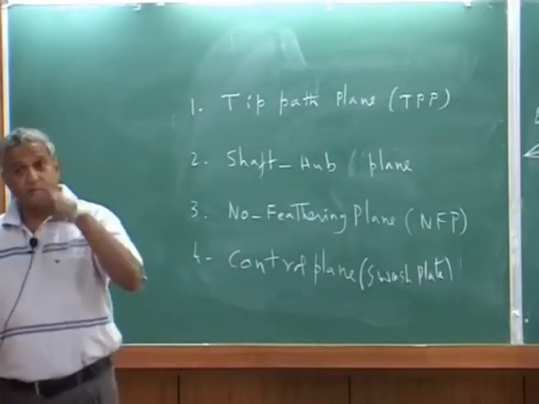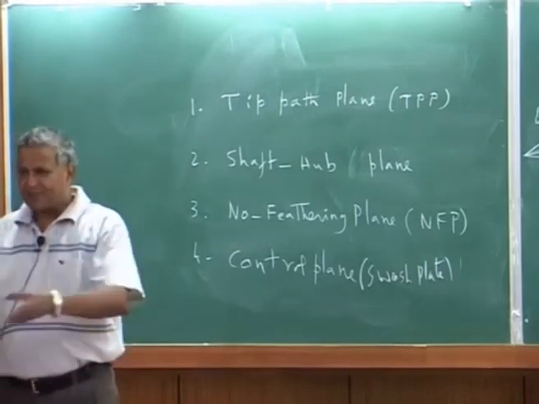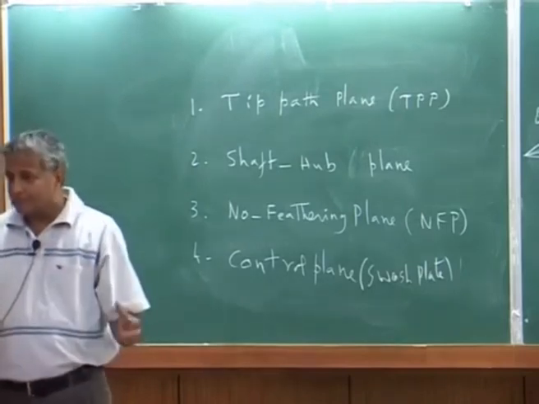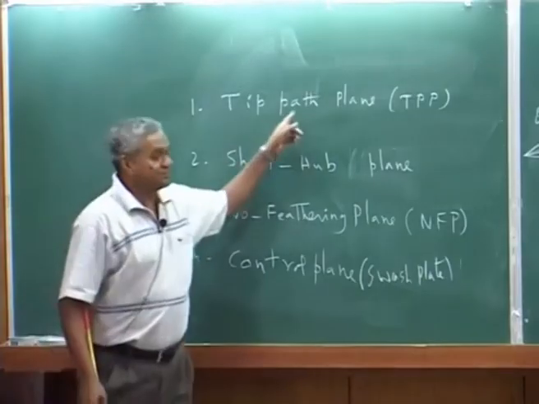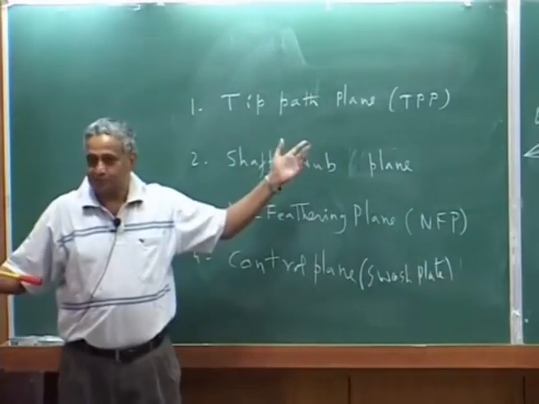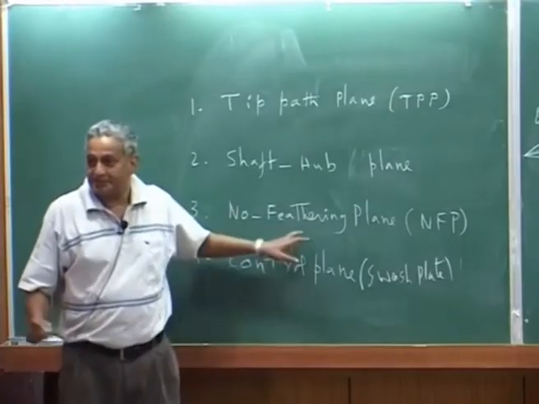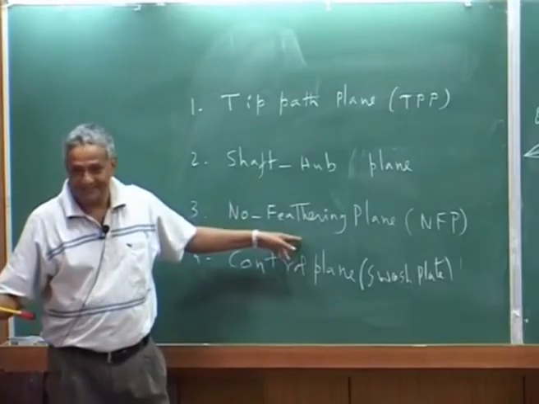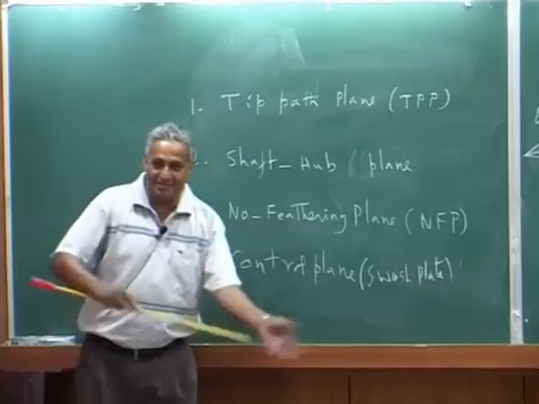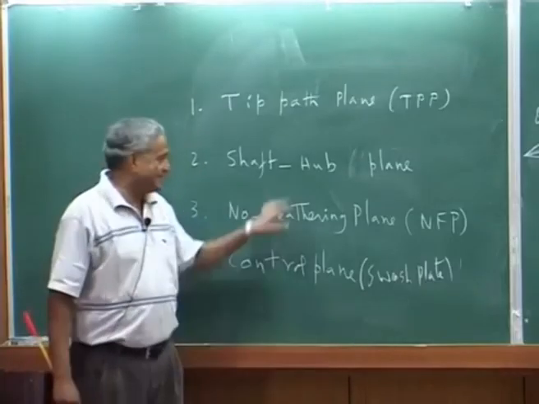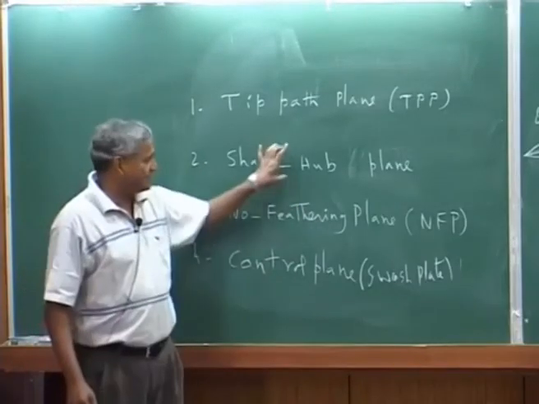That means you have to take both of them into account, and the expressions become more complex. On the other hand, if you choose this plane, there is no flapping, only feathering. If you choose this plane, there is no feathering, but only flapping. So one of them can be made simpler.